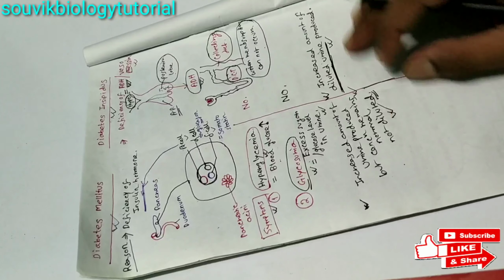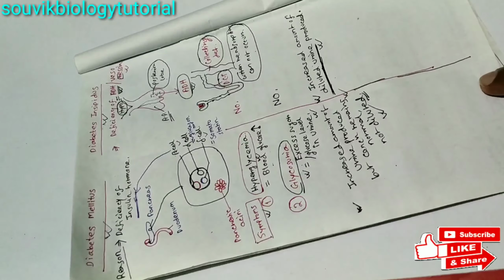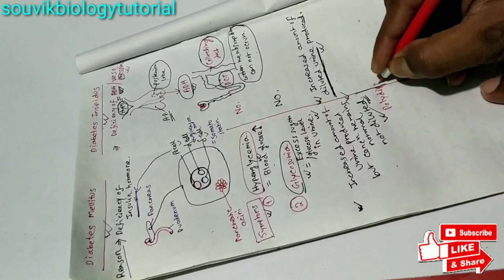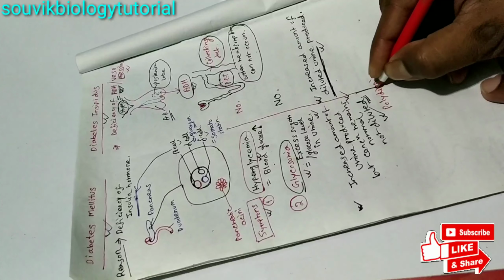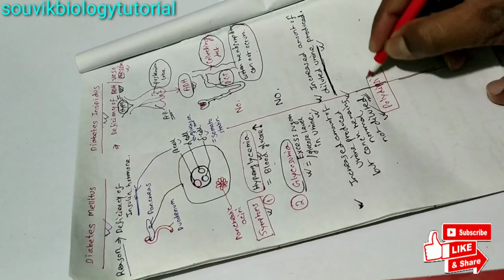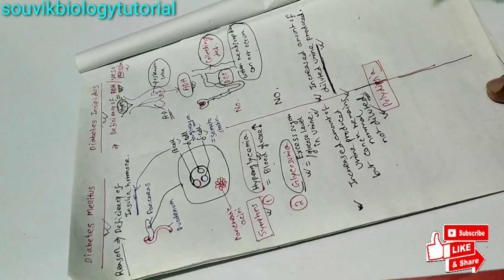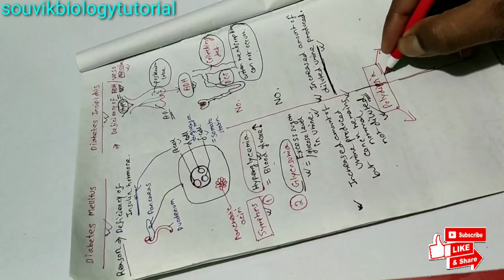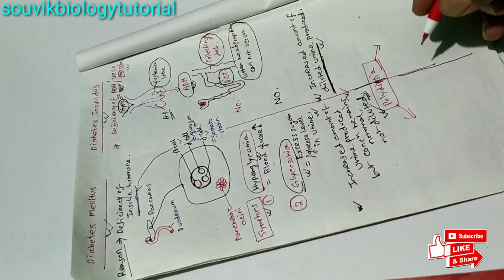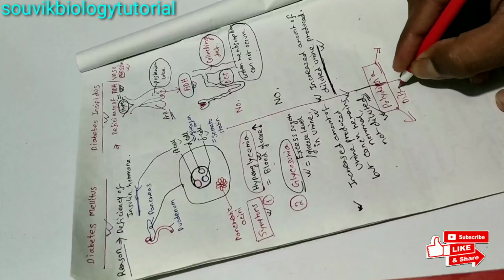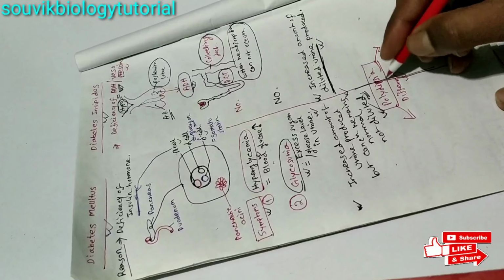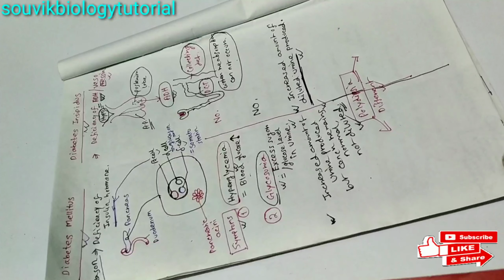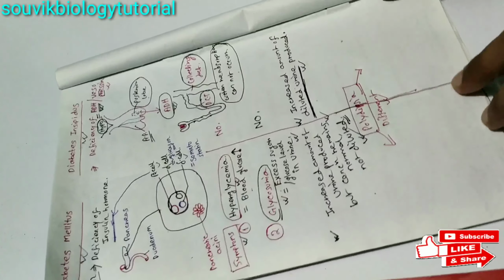Now in both cases polydipsia occurs. In both cases polydipsia occurs. P, right? This is P. But the reasons behind this polydipsia in diabetes mellitus and diabetes insipidus are different. Okay? In both cases polydipsia occurs, but the reasons behind it are different. How? What happens in diabetes insipidus?